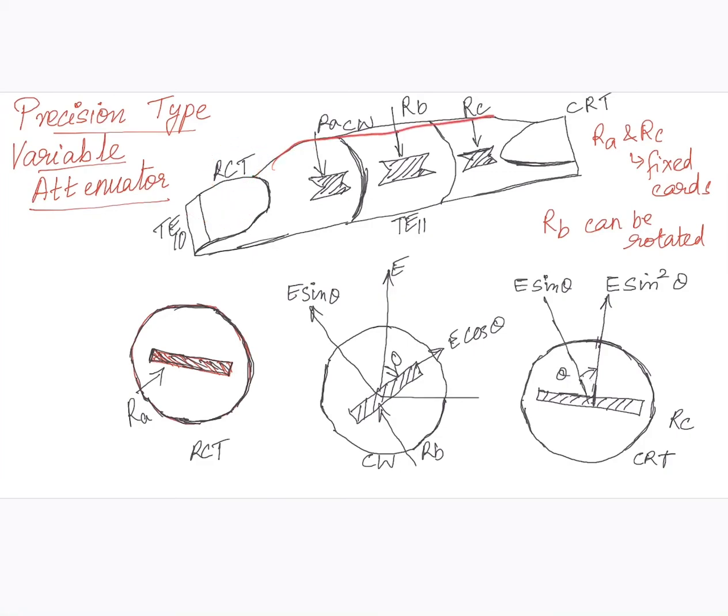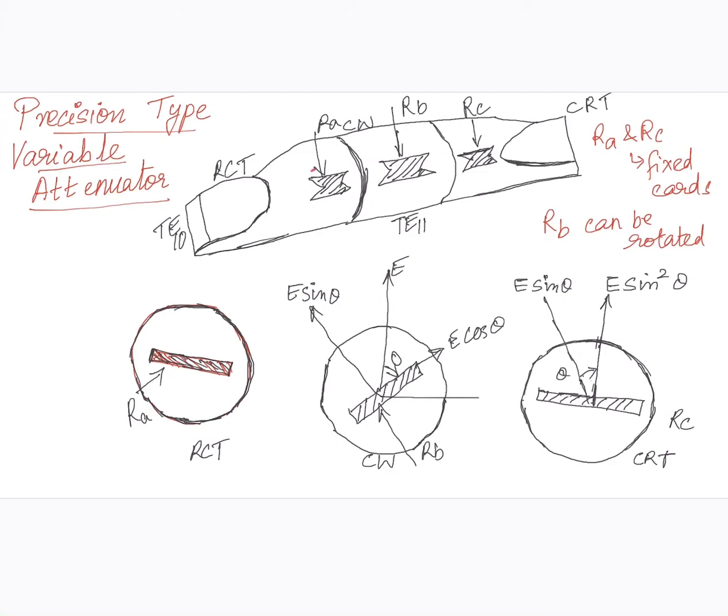Then you have a circular waveguide, and then a circular to rectangular transition. So the mode of propagation in the rectangular part will be TE10 and inside the circular waveguide will be TE11 and inside the rectangular waveguide will be again TE10.